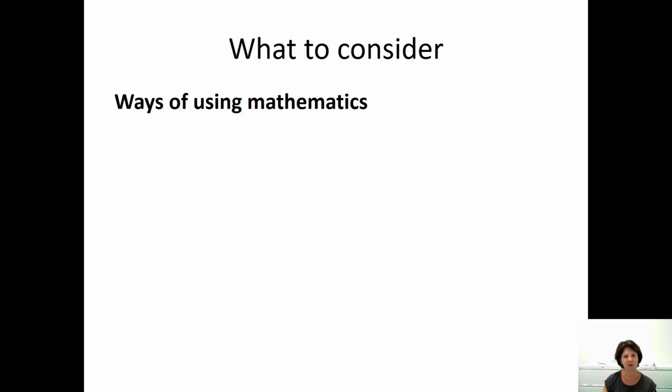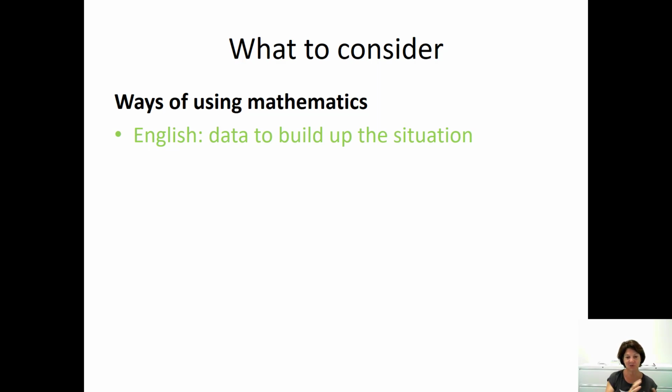We might think about how we use maths in different areas. Now, English uses all sorts of text to build not just the literary understandings, but also literacy and language. So you find that English goes to all sorts of texts, and sometimes there's data interpretation.